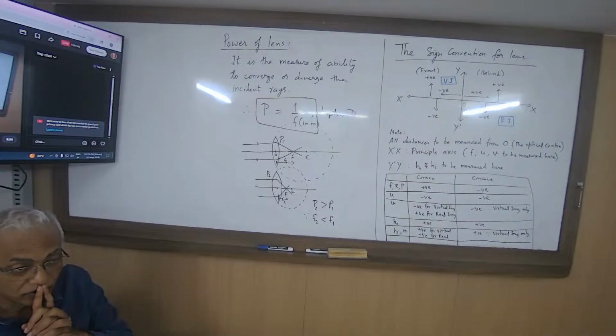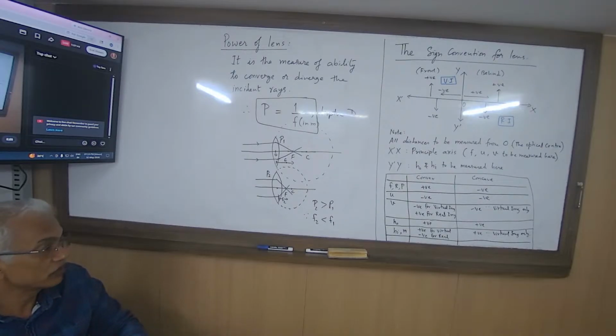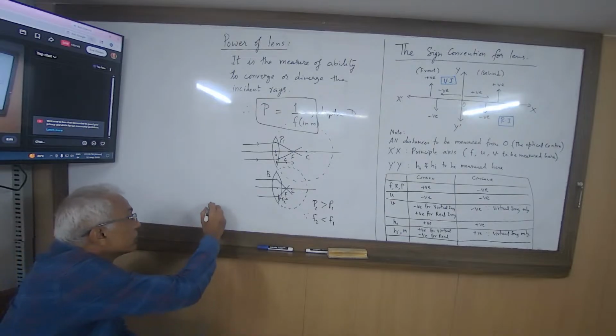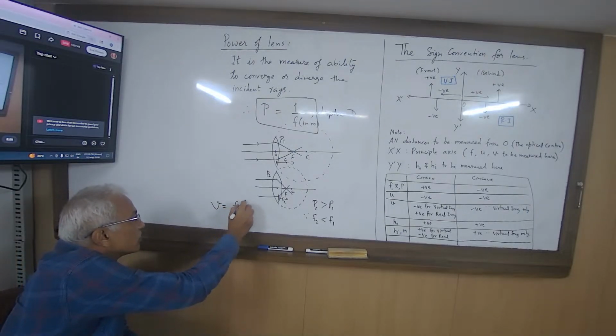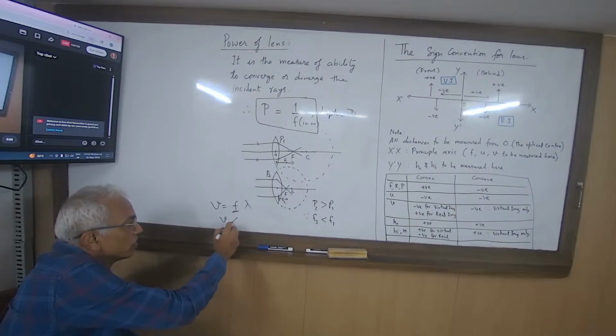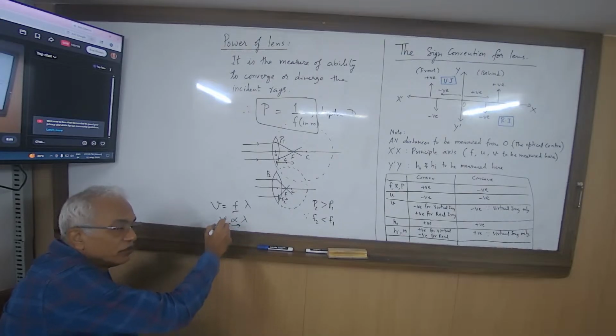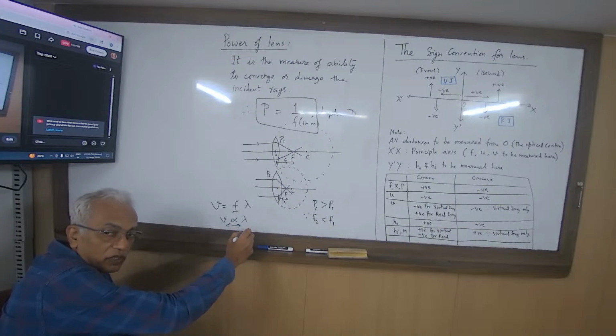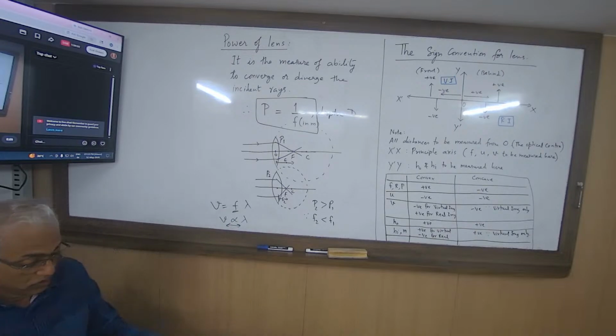And speed will depend on wavelength. What is the formula for speed of the wave? Frequency into lambda. So if this is constant, then v will depend on lambda, so there will be a direct relation. If v reduces in the denser medium, so will lambda. Lambda is wavelength, right?